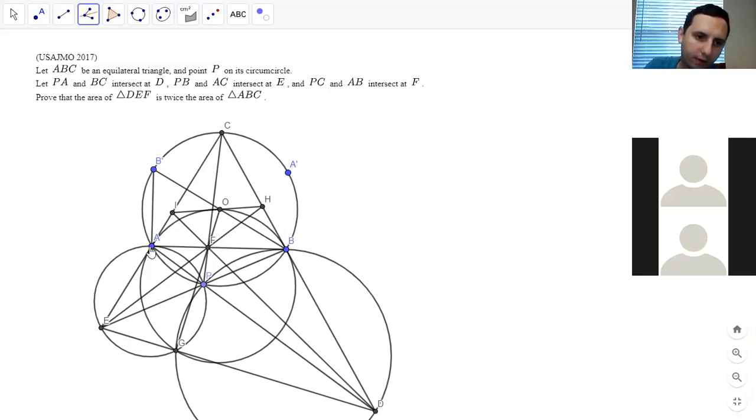I just have to figure out what it is exactly that we want to subtract. So for triangle DEF, we know F is, like you said, the orthocenter of ODE.